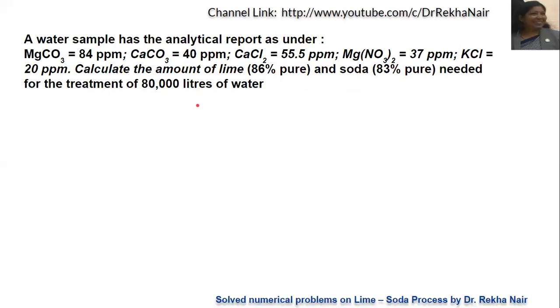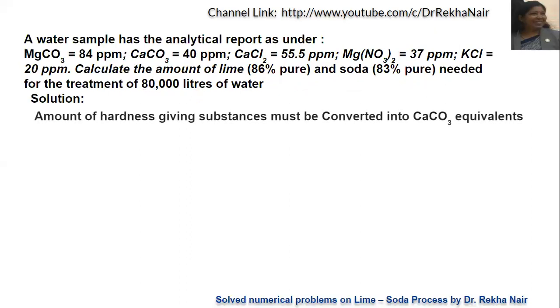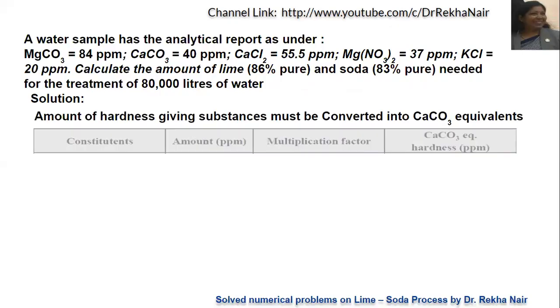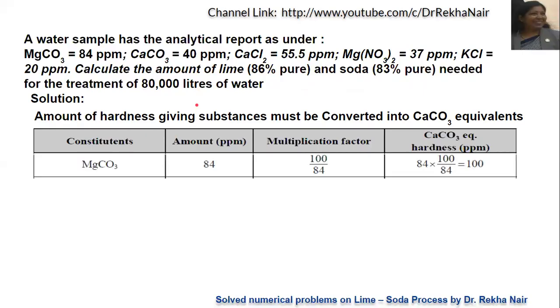So let us convert all the amounts of constituents into CaCO3 equivalent. After converting, let us see what we get. Magnesium carbonate is given as 84. Its multiplication factor is, because the valence of magnesium is 2, we can directly write 100 upon its molecular weight.